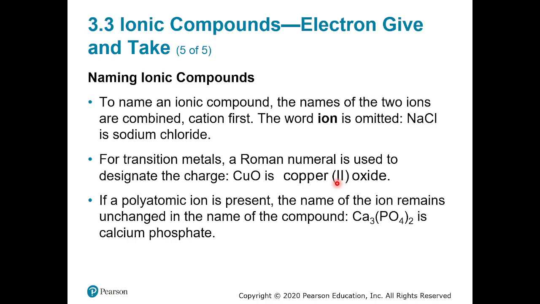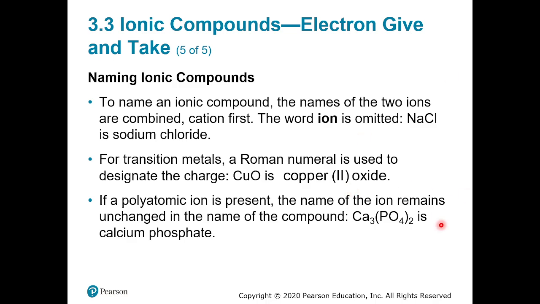Multiple charge states, you have to list what their charge is in their names because you won't know which one you're talking about. For example, you may have heard of rust is iron oxide. It's actually more commonly the second one, but you do have some of the first one in rust. That's why they say just iron oxide and they don't give you any other information. It's a mixture.